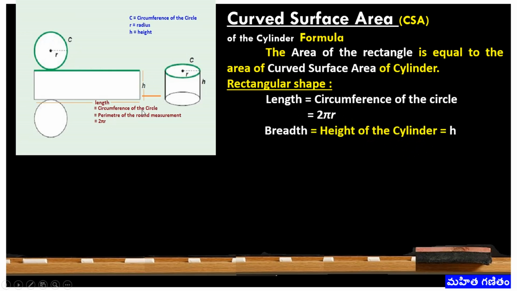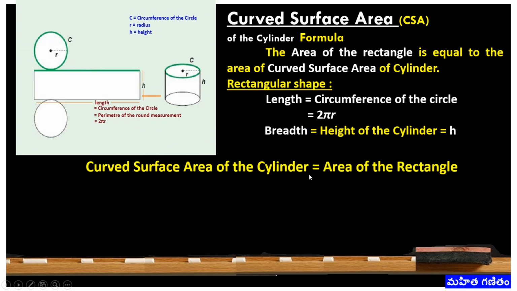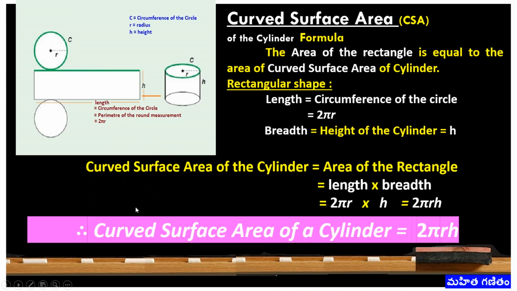Breadth is the height of the cylinder, h. Curved surface area of the cylinder is equal to the area of the rectangle. The formula for the area of a rectangle is length into breadth, which is 2 pi r into h, that is 2 pi r h. Therefore, the curved surface area of a cylinder is 2 pi r h. This is the formula.